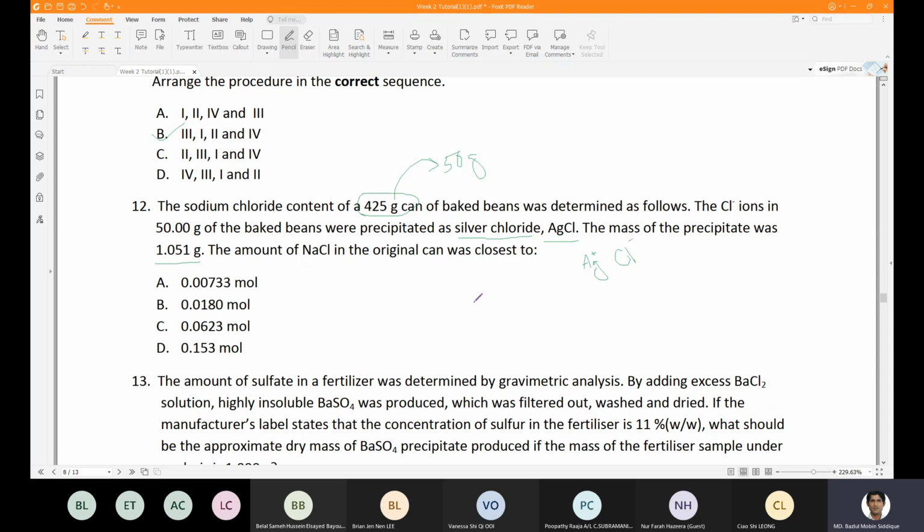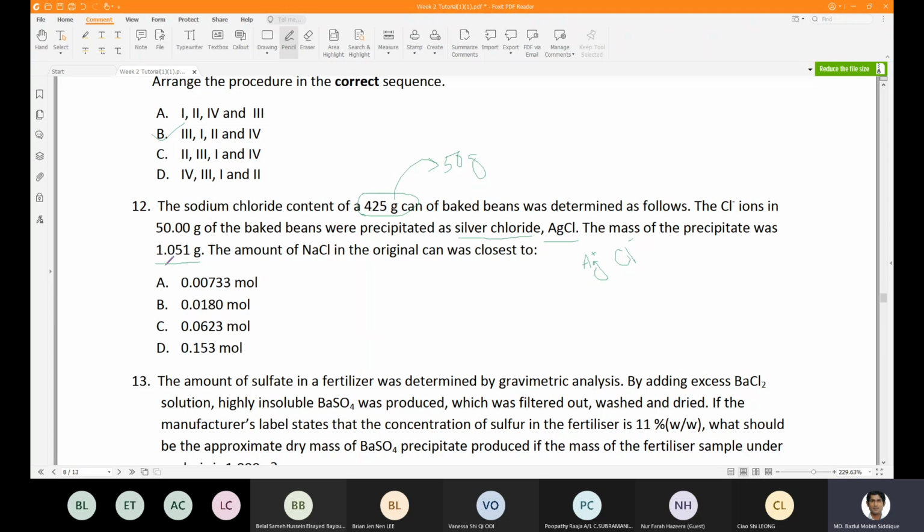So the 1.051 gram that has been produced, we have to find out the number of moles of silver chloride.